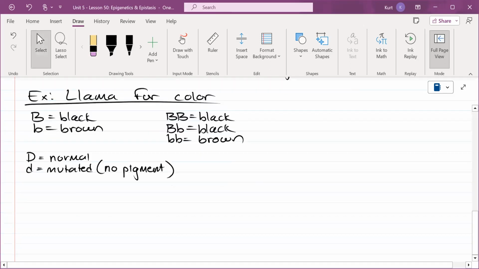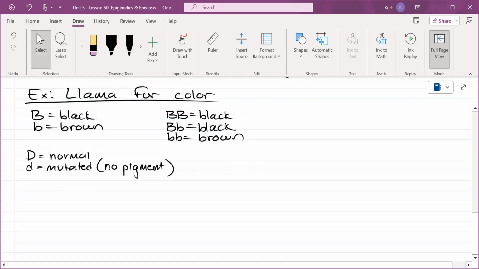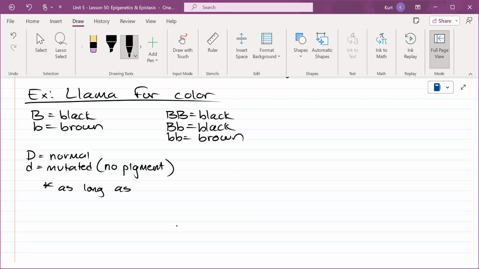So, here's the catch. As long as one dominant D exists, it's status quo. That means that everything is going to be as it should. Homozygous dominant, black, heterozygous black, homozygous recessive, brown.